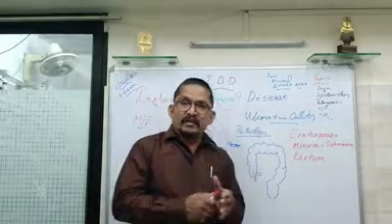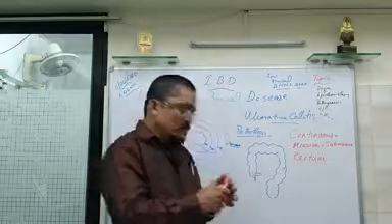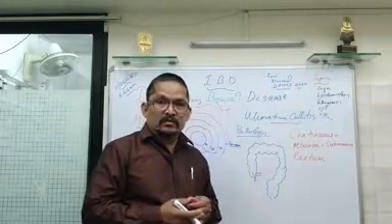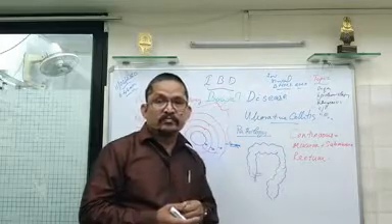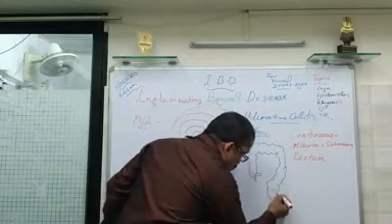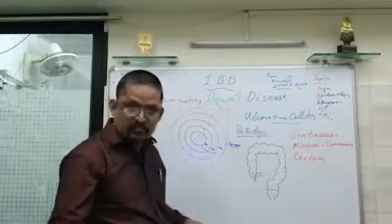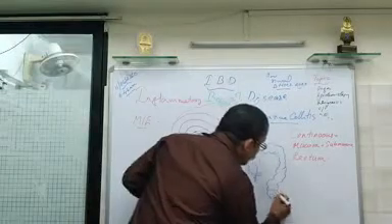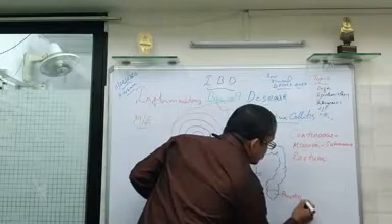So we can classify ulcerative colitis depending on the location and extension. As you know, most of the ulcerative colitis that limits in the rectum is known as proctitis.